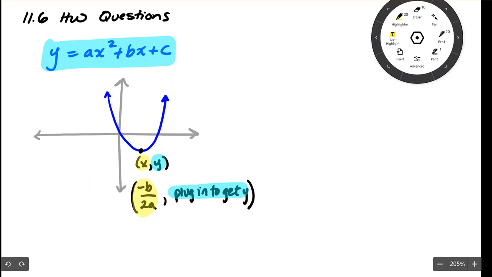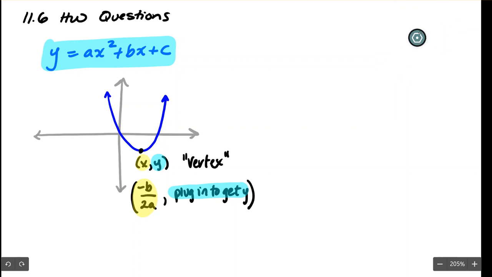That's what y is in terms of x. And my parabola, let's label that this is called the vertex. This parabola opens up if a is positive and down if a is negative.